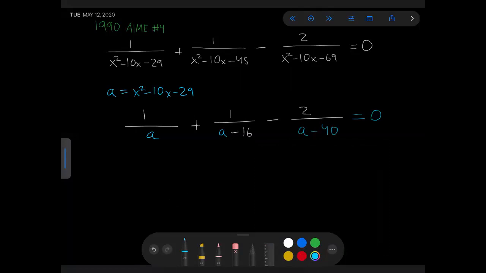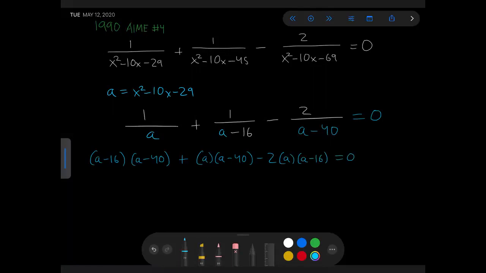So this is going to become a minus 16 times a minus 40, plus a times a minus 40, minus 2 times, remember there's a 2 there, 2 times a minus 16, is equal to 0.